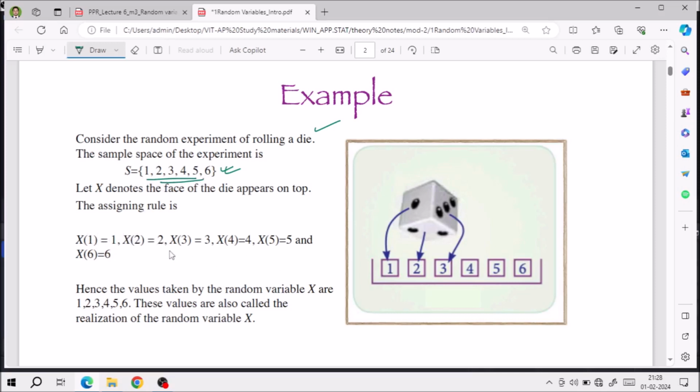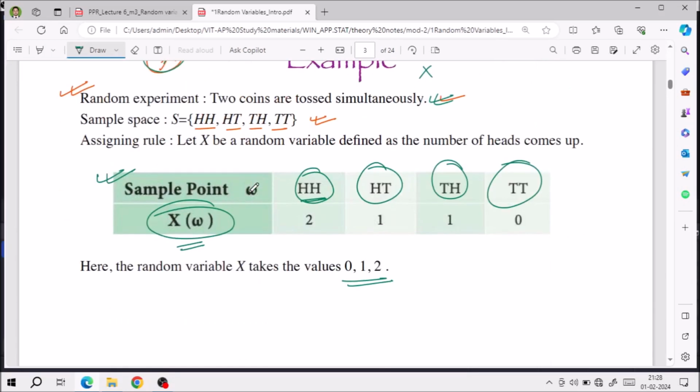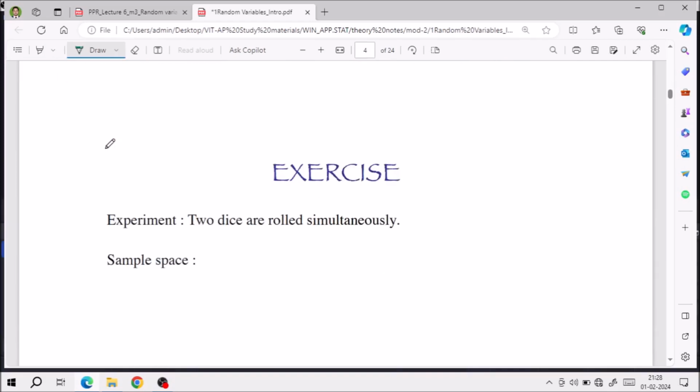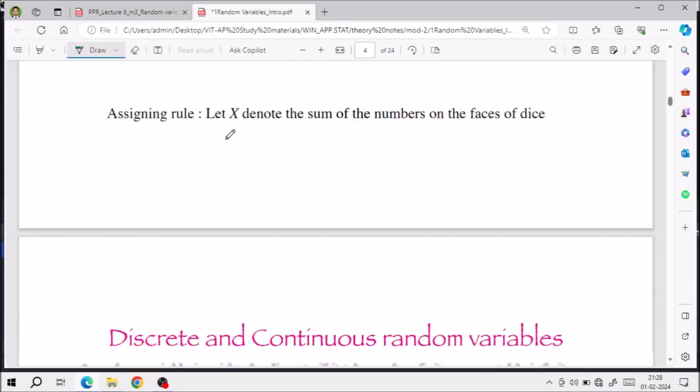Then this X is a random variable which will take values from 1 to 6. These values are also called the realizations of random variable X. Likewise, you can construct plenty of random variables and easily relate them to our previously mentioned definition. A few exercises are for you to try.